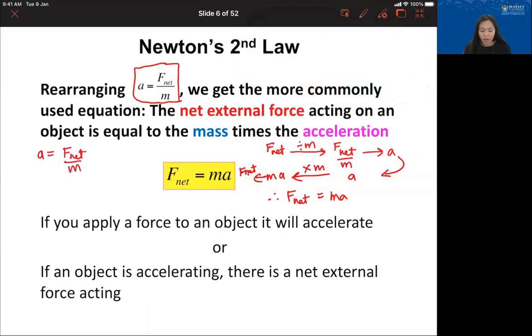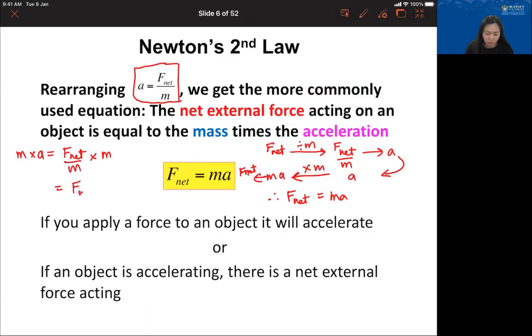Okay, if you wanted to isolate F net, there's a mass in the denominator of the equation here. If you apply the mathematical rule that any number divided by itself is equal to 1, you can multiply both sides with the mass m, so that m divided by m is equal to 1, right?